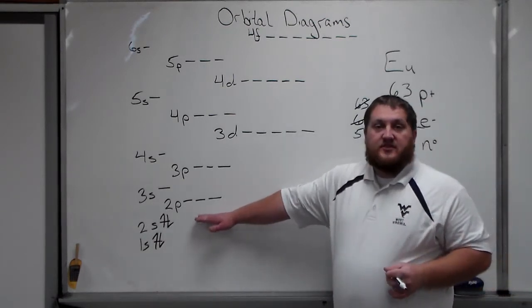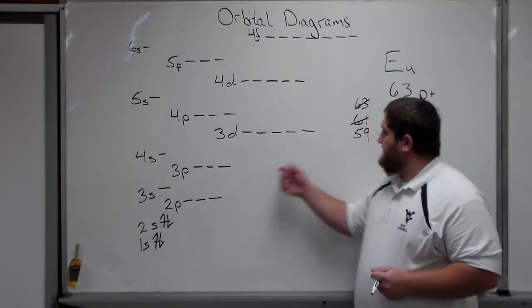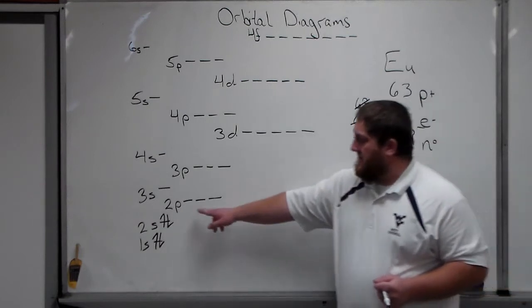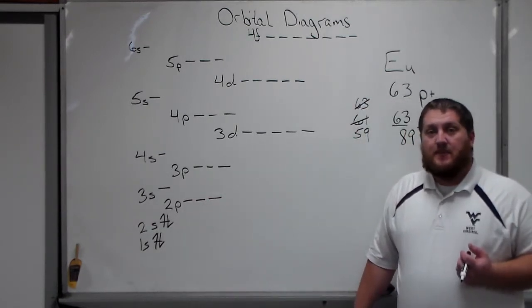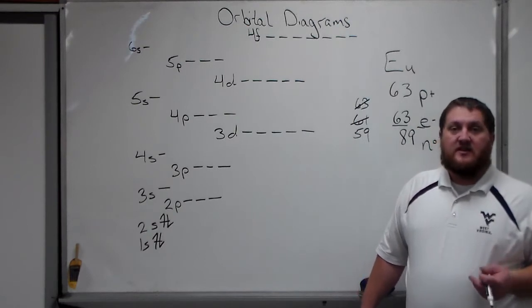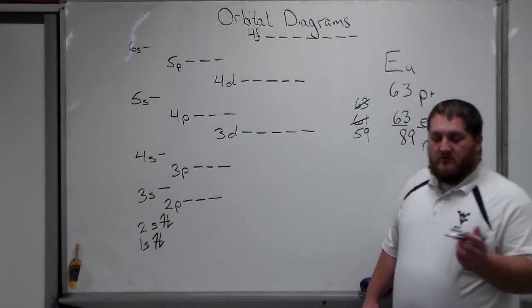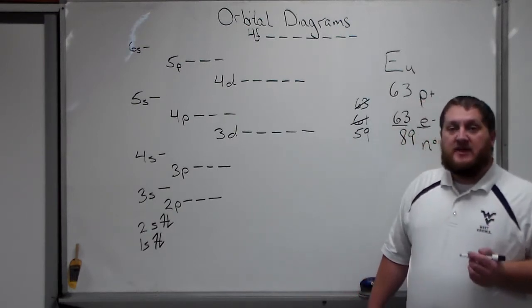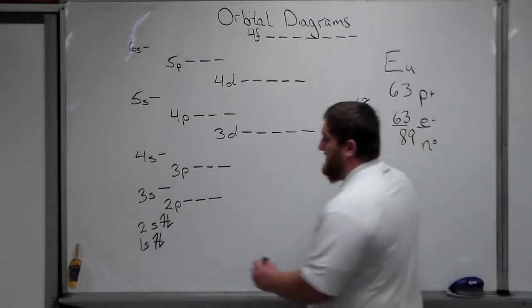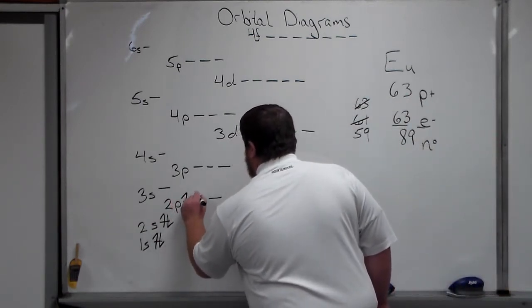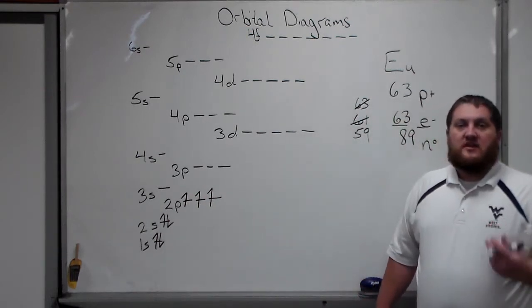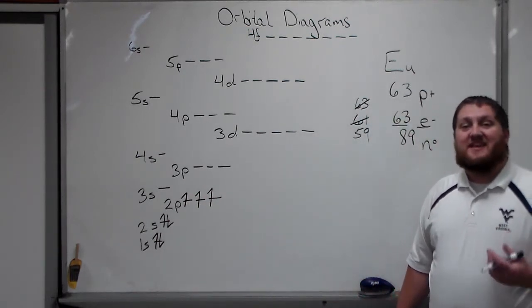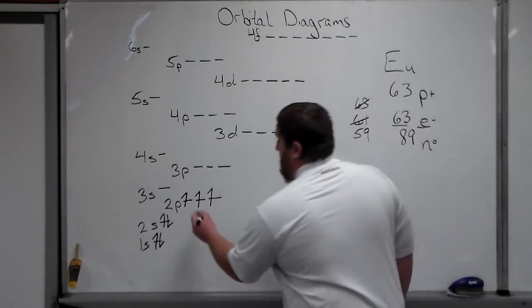My next orbital is the 2p orbital. I have 59 left to place. It can hold 2 in each line, or a maximum of 6. I have more than enough to fill it. When I fill an orbital, I fill all of the upspin electrons first. I fill all of the upspin electrons, and then I go back down and pair them up.